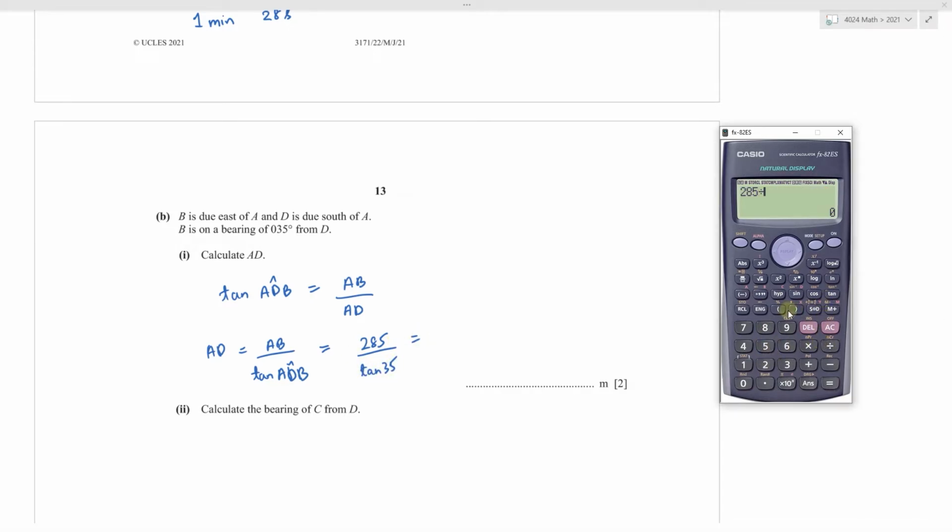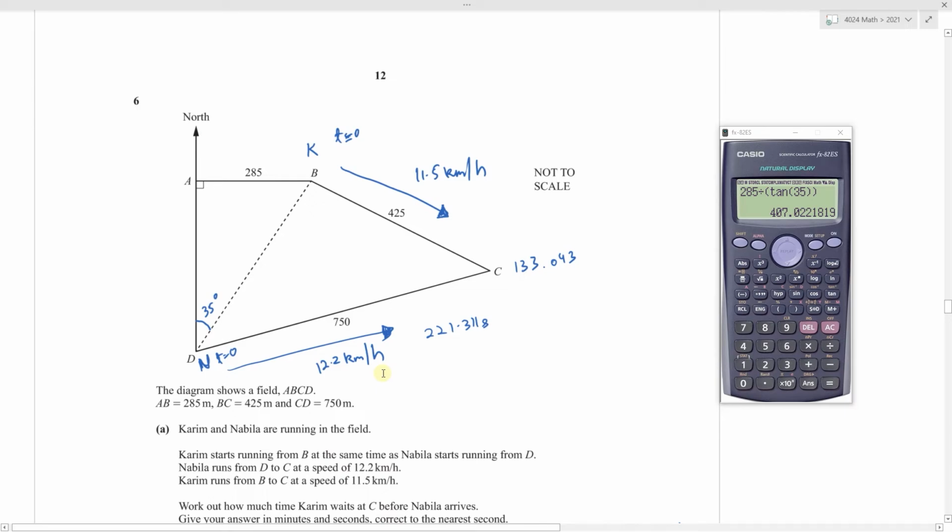So 285 divided by tan of 35 is 407.022, or up to three significant figures, 407 meters. Next: calculate the bearing of C from D. So let me just erase this.